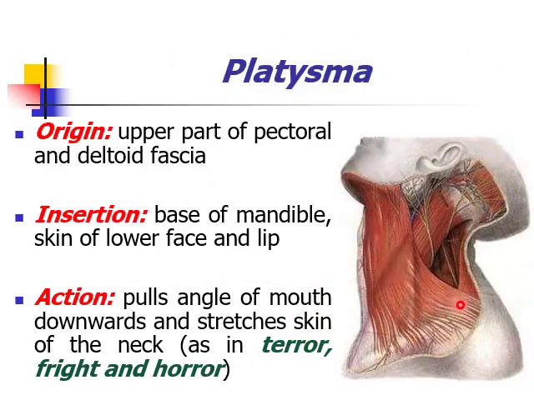The origin of the platysma, as we just mentioned, comes from the superficial fascia of the pectoral region plus the deltoid area. So it's coming from the pectoral fascia and the deltoid fascia. Its insertion is at the base of the mandible and blending with the skin of the lower part of the face and lip. The action of the platysma is to pull the angles of the mouth downward, stretching the skin of the neck as in terror, fright, and horror expressions.